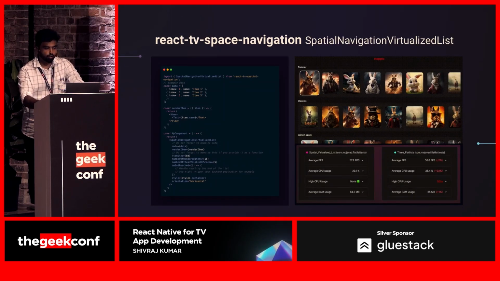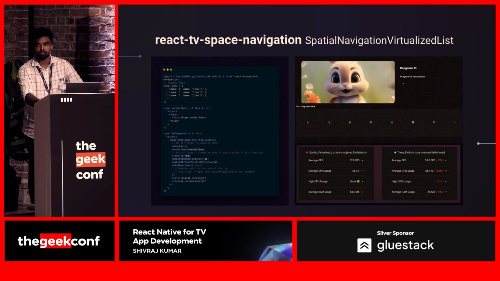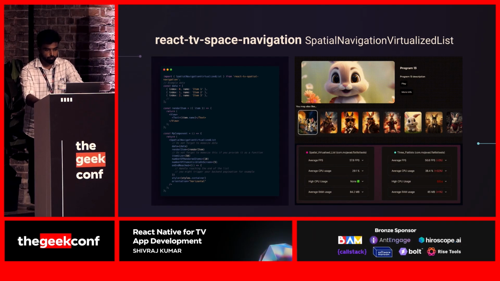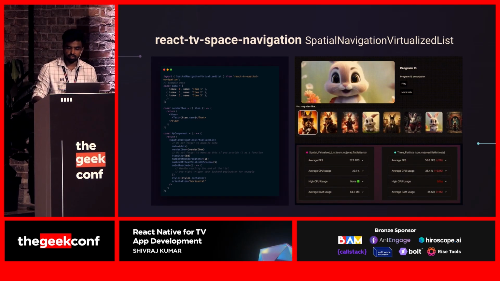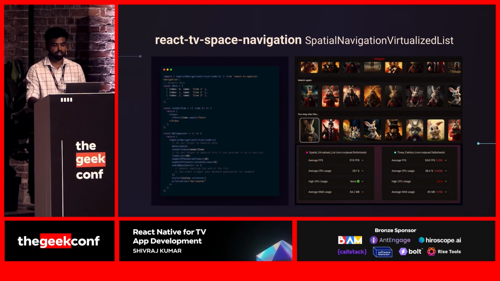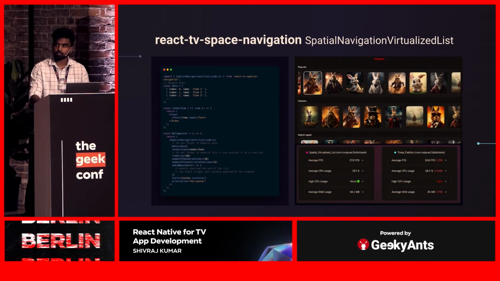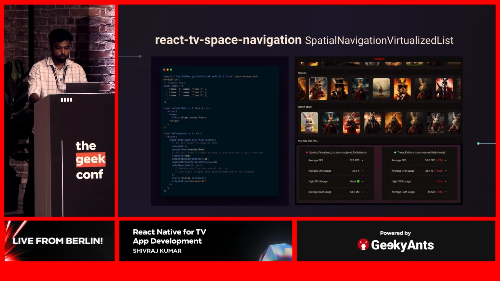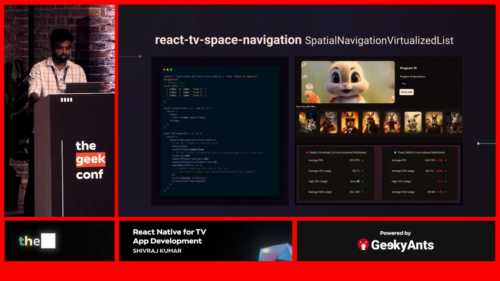This library also comes with a few components and APIs which handle list data as well. There's something called spatial navigation virtualized list, and there are a couple more depending on the layout that you want to build for the TV app. This handles rendering large data very smoothly, and it automatically handles focus management as well.